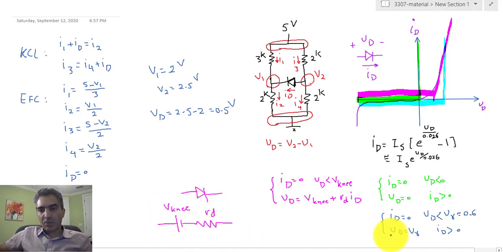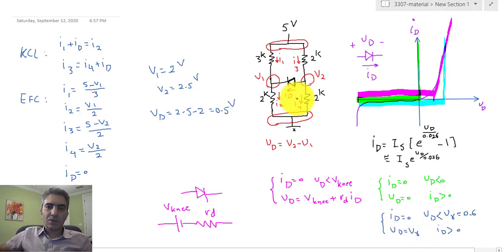And by the way, when you were using this model, you were equating the diode with the first one, the green one. You're equating the diode here with a short circuit and here with an open circuit. With the blue, you're going with an open circuit and a constant power supply, just V gamma.